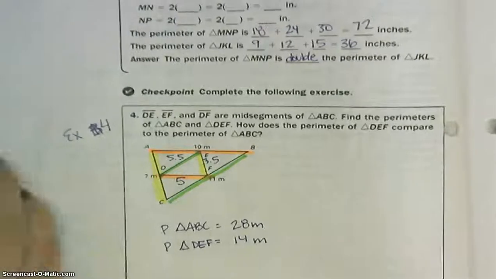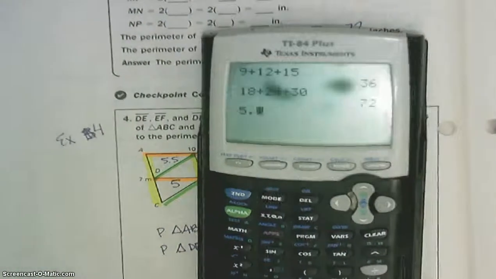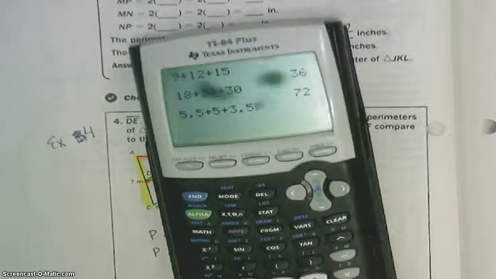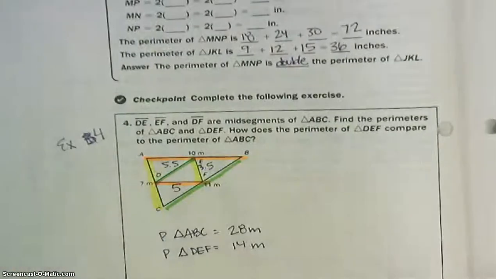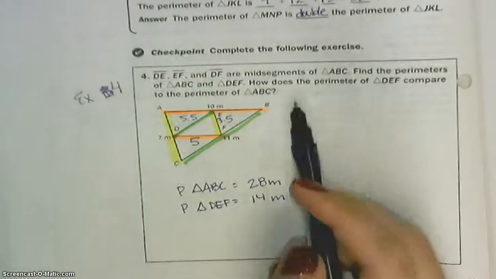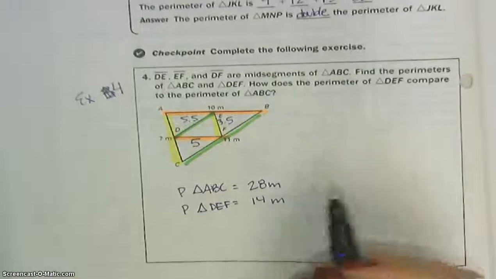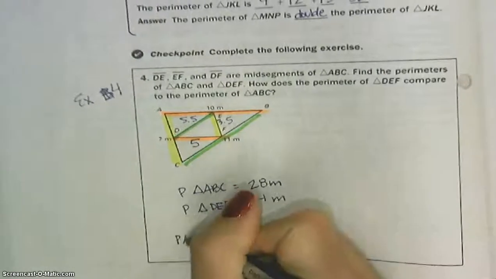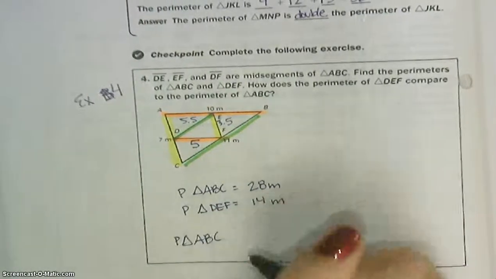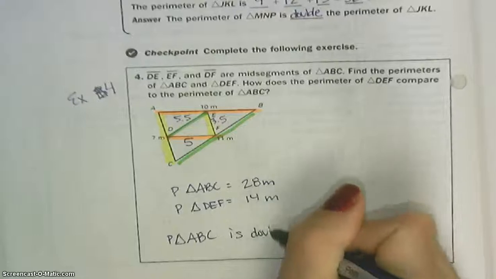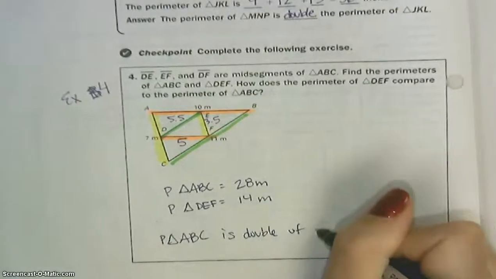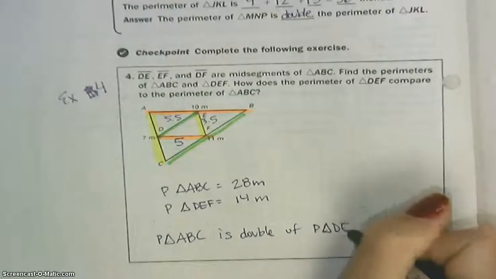But let's check just to make sure. 5.5 plus 5 plus 3.5, 14. Perfect. Notice when we compare, it is half, or you could say double. The perimeter of triangle ABC is double of the perimeter of triangle DEF.